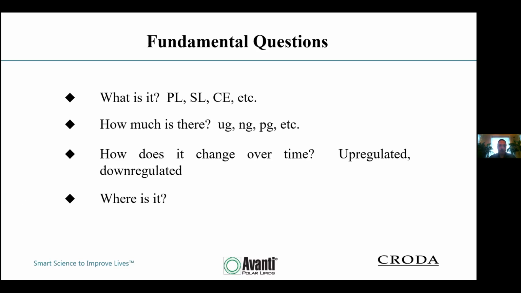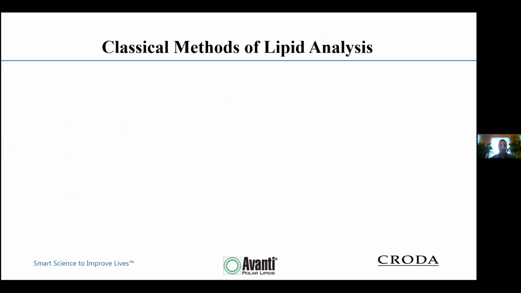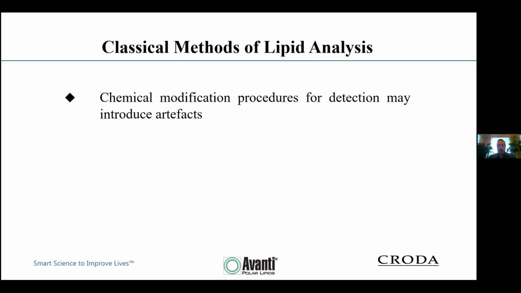And then finally, we saw in the first talk, where is it? And imaging happens to be one of the very interesting things that's come about in the last 5 or 10 years. And so when one thinks back historically about the classical methods of lipid analysis, things such as GC or HPLC or TLC, typically they required chemical modification procedures for detection.